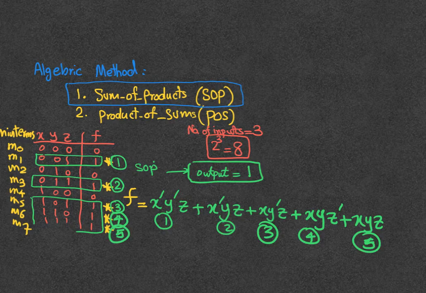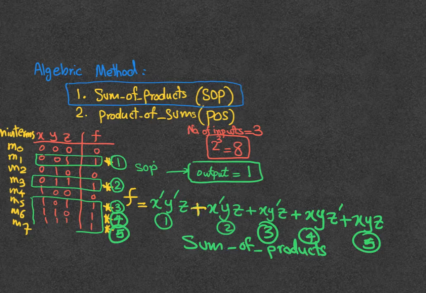So why SOP? Why sum of products? Why we call it sum of the products is basically because you are summing, you're adding the terms that are going to be products of each other. That's sum of the products.